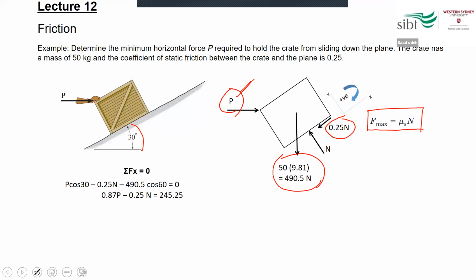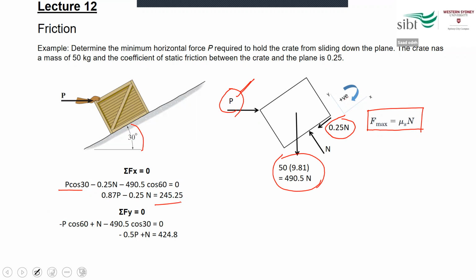So here we have P cosine 30, and also we have minus 0.25 times N minus 490.5, which is the weight of the box, multiplied by cosine 60. And when we reduce this, we can find the first equation.